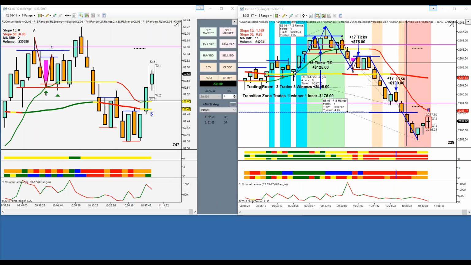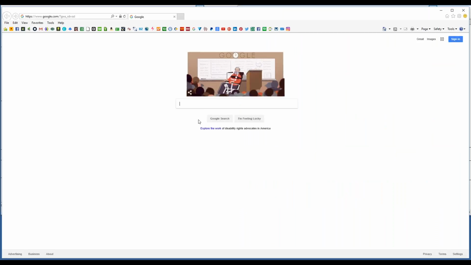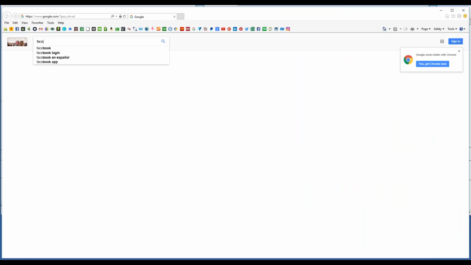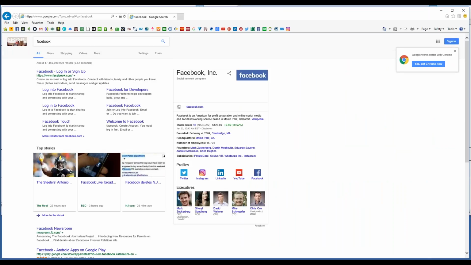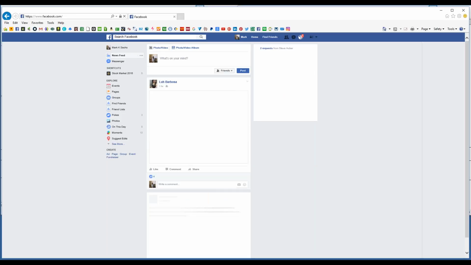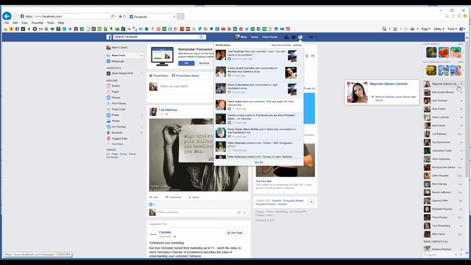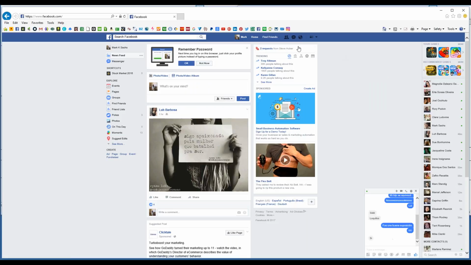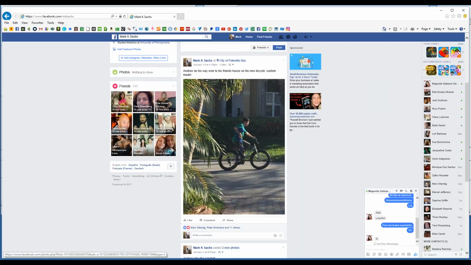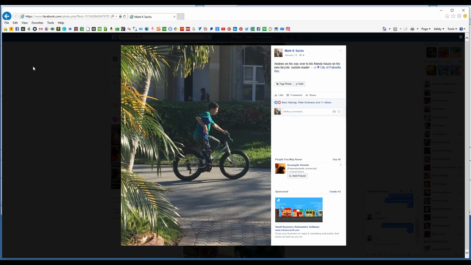Now I know this was a little bit of an overwhelming day because we had two algorithmics and three discretionaries, but I'll just show you. That's my son. I got him a bicycle.